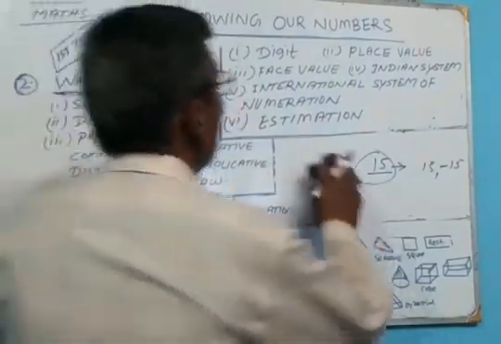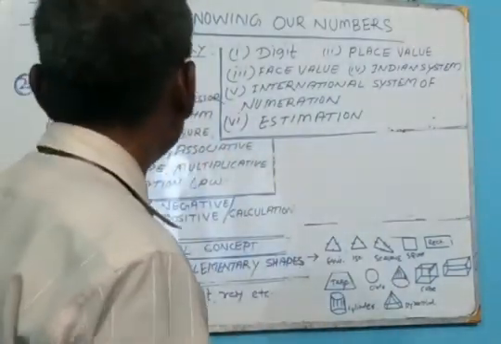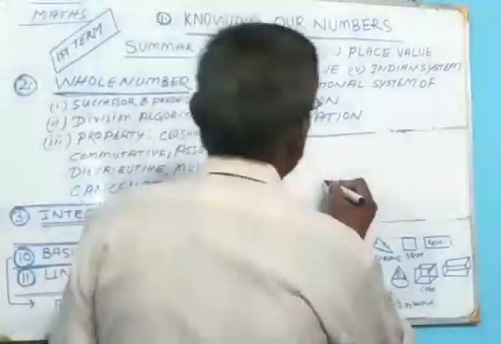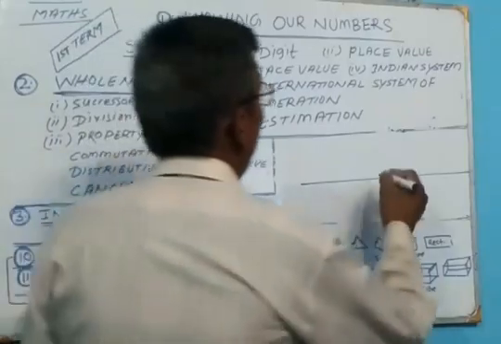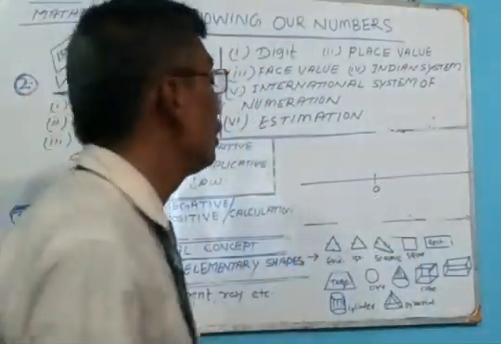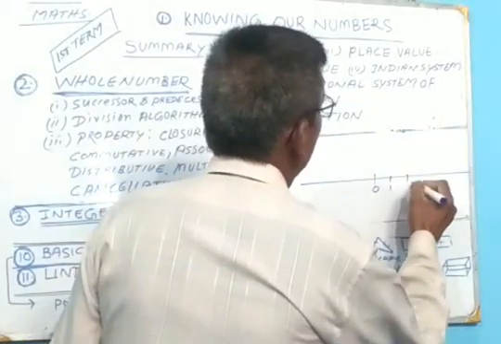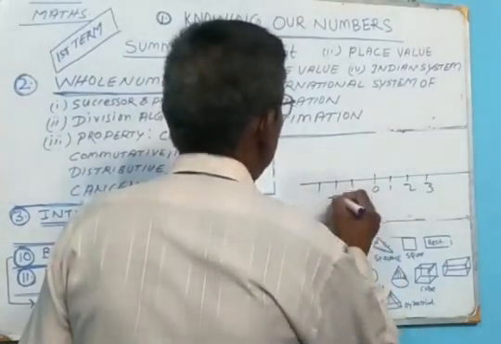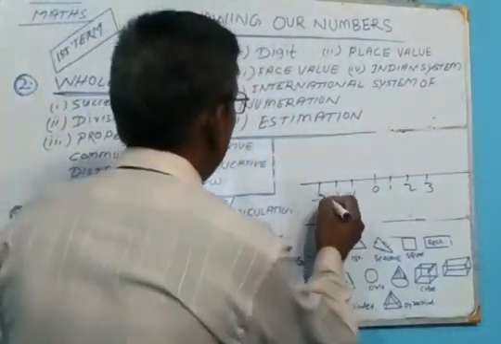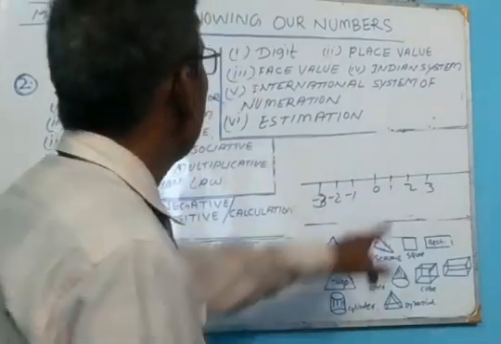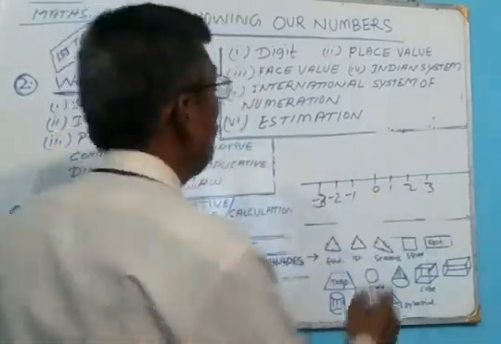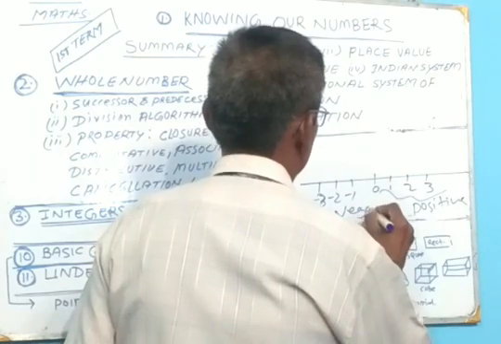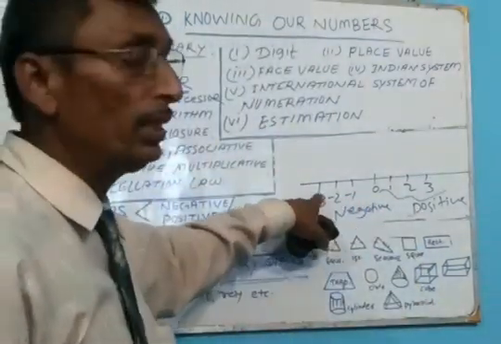Then the integers are of two types: negative integers and positive integers. Suppose that we have a number line and its middle point is 0. When we count 1, 2, 3 in the right way and -1, -2, -3 in the left way, the right way numbers are positive integers and the left way numbers are negative integers.